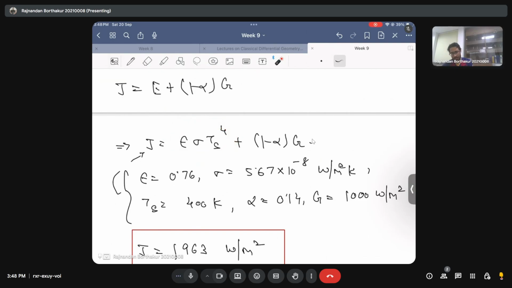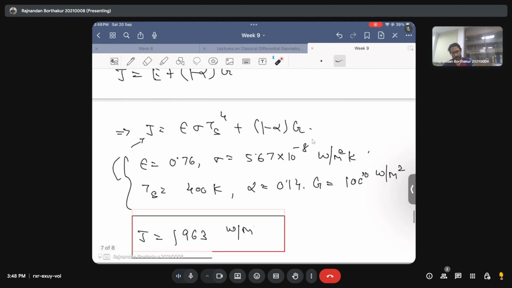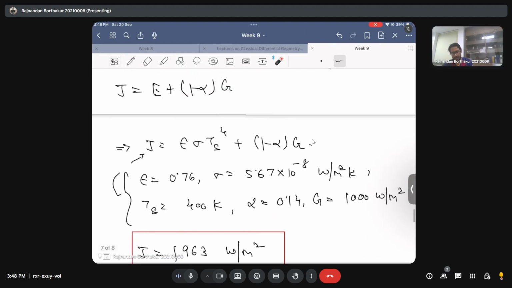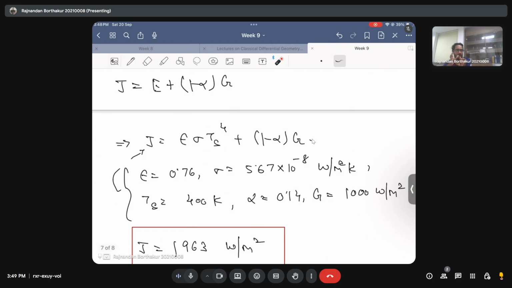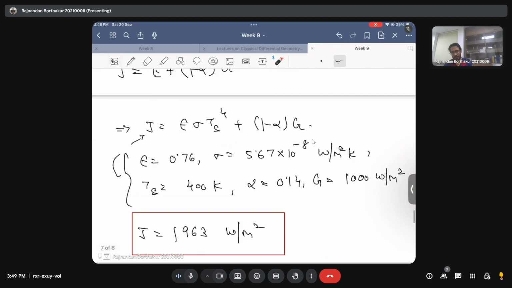There is a fraction of radiosity which significantly comes from the fact that the body itself emits radiation because of its own temperature. And also there is the reflected part which comes from the term 1 minus alpha times G. So you can individually evaluate these parts and see the individual contribution from the individual fluxes of interest. But anyways, we are just asked to calculate the radiosity.